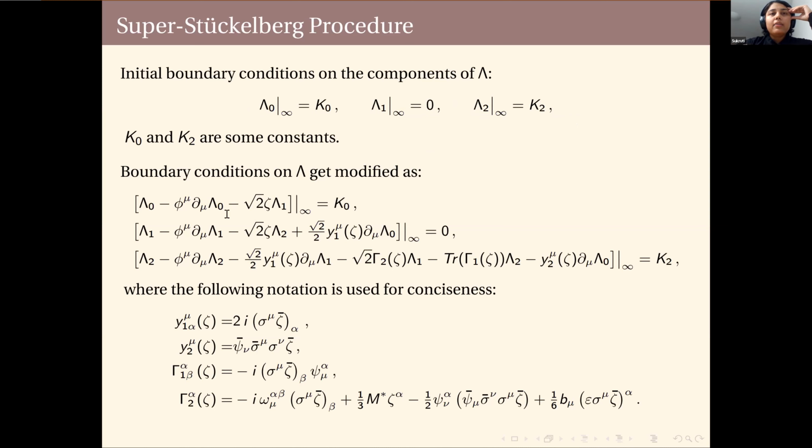And when we do the Stückelberging, this is how the fields transform, and so the boundary conditions also transform. These are just some transformed boundary conditions, but you don't need to understand it very carefully at this point because it's a little too involved. There are these functions y1, y2, and gamma 1 and gamma 2, which are again in terms of the fields. So it's quite a long expression.